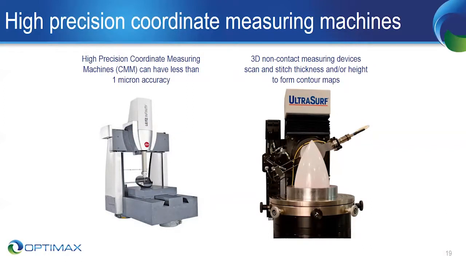So this is where high precision coordinate measuring machines can really come into play for measuring some of these surfaces. With really high point density, you can get really good information on the surface, but it can take a really long time. You can have both tactile, right here it's a low force touch probe, or it can be non-contact as well. But these are great for measuring really challenging and unique geometries.